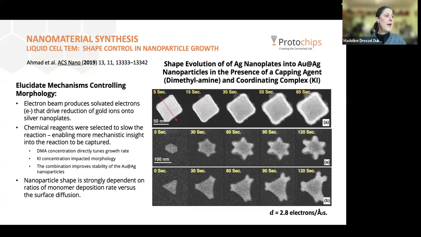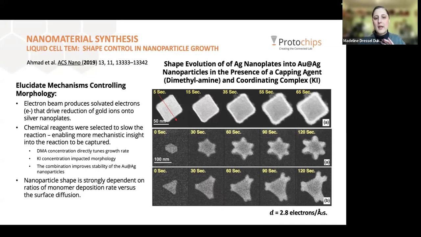What they found by looking at these different systems and a wide range of concentrations for each is that the dimethylamine was really responsible for tuning the growth rate, whereas the potassium iodide had a much stronger impact on the final morphology.